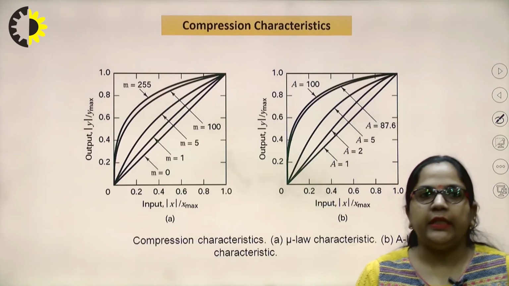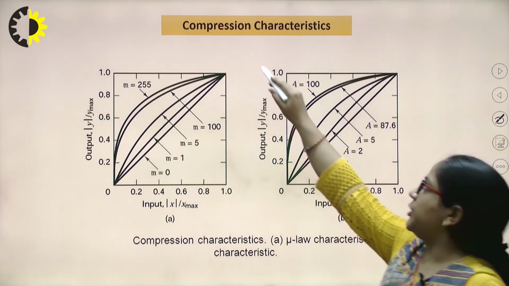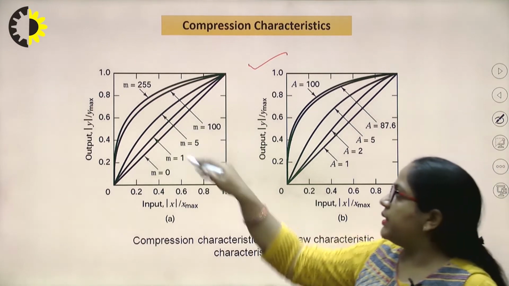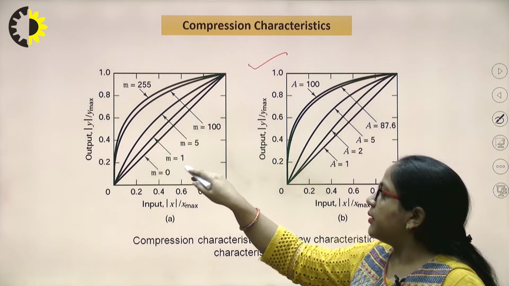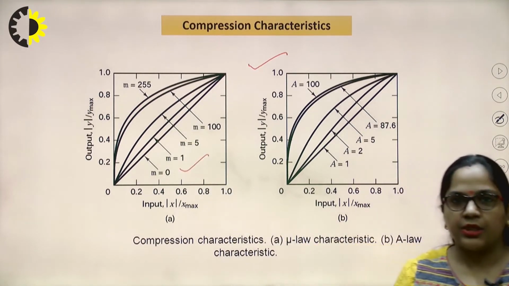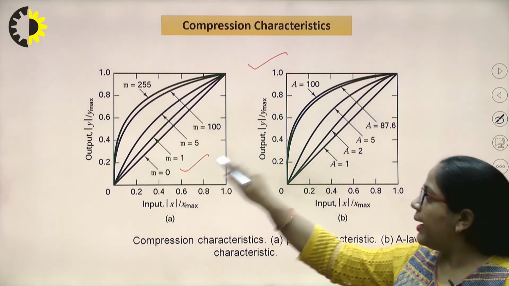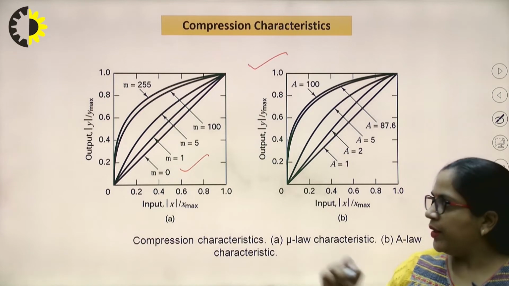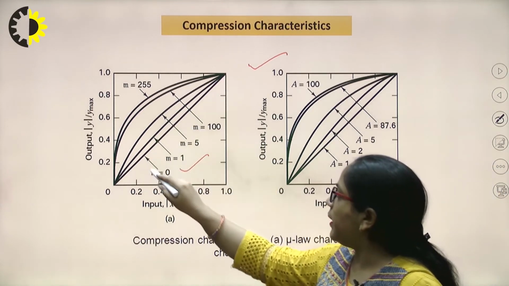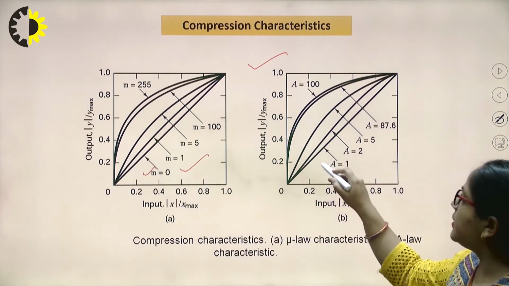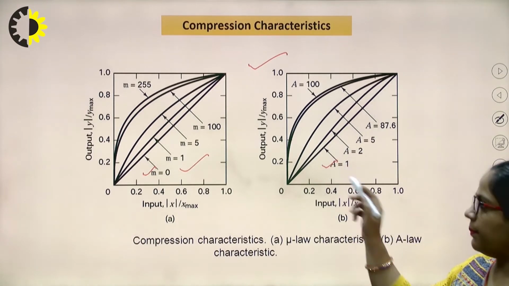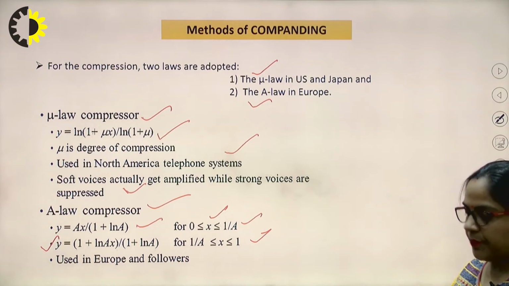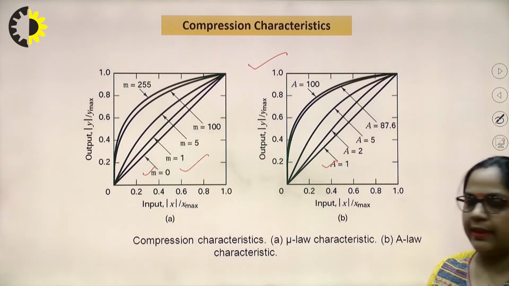Here we have the characteristics of the compression with the help of the mu law and the A law. The first figure indicates the compression characteristics of the mu law, and the second indicates the compression characteristics of the A law. Here we can observe that mu and A are the variable parameters that we have seen here also, the degree of compression, mu and capital A.